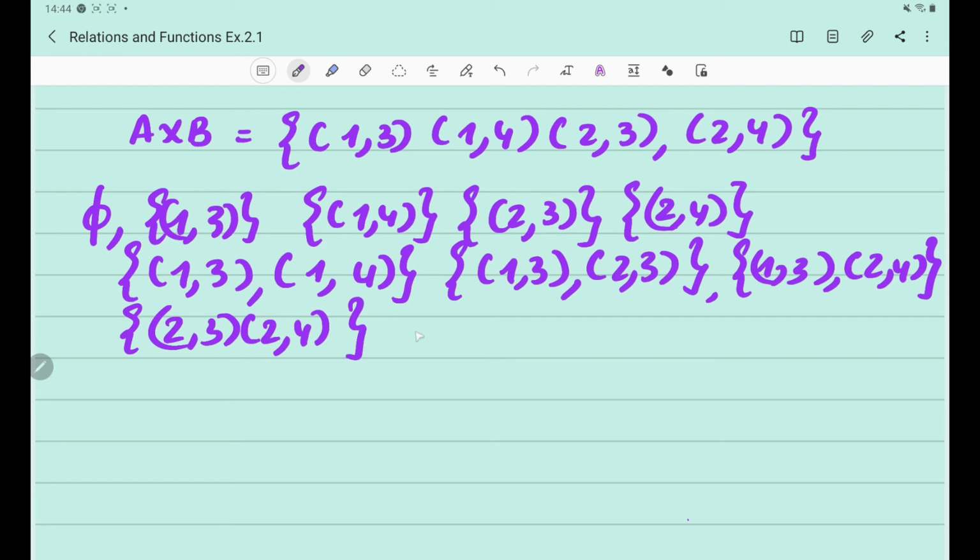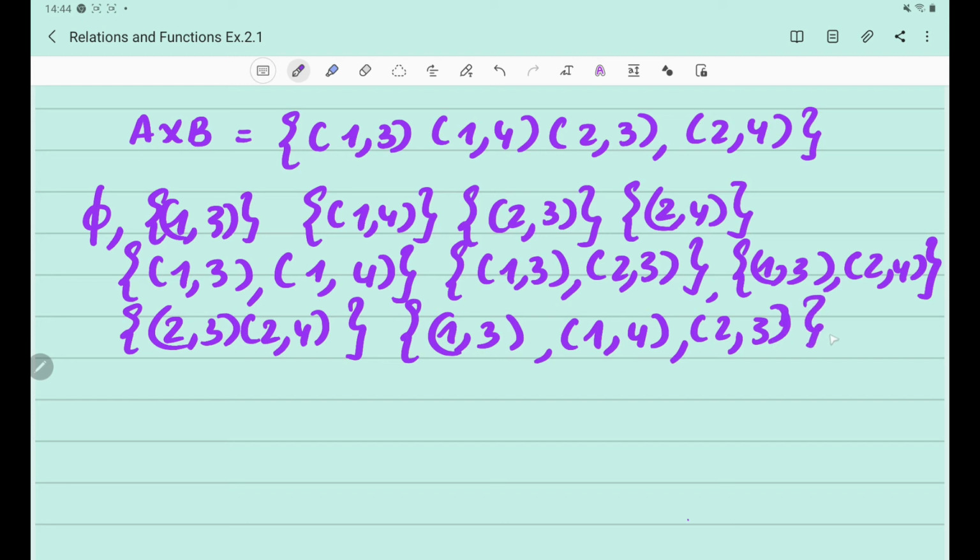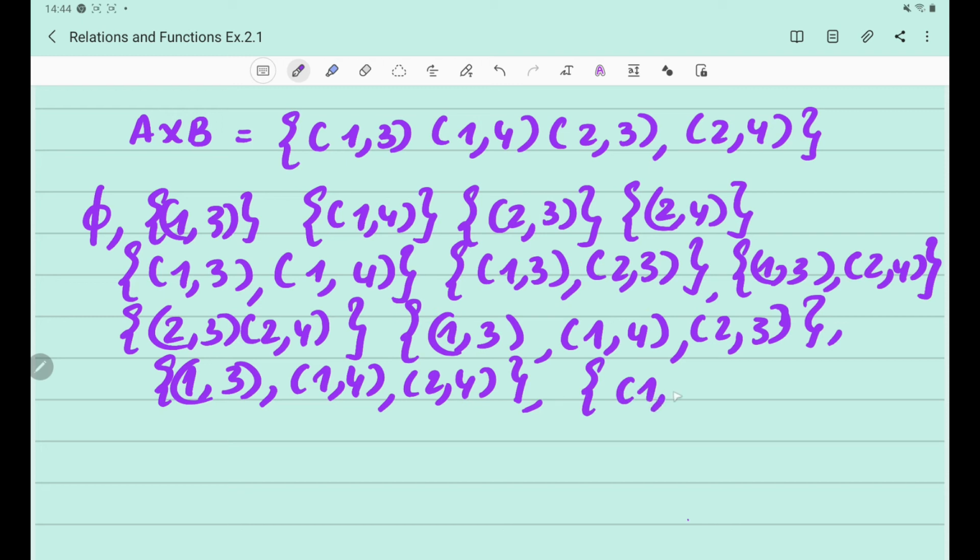and again the next possibility 1 3, 1 4, 2 3, again 1 3, 1 4 and 2 4. The next one 1 3, 2 3 and 2 4.